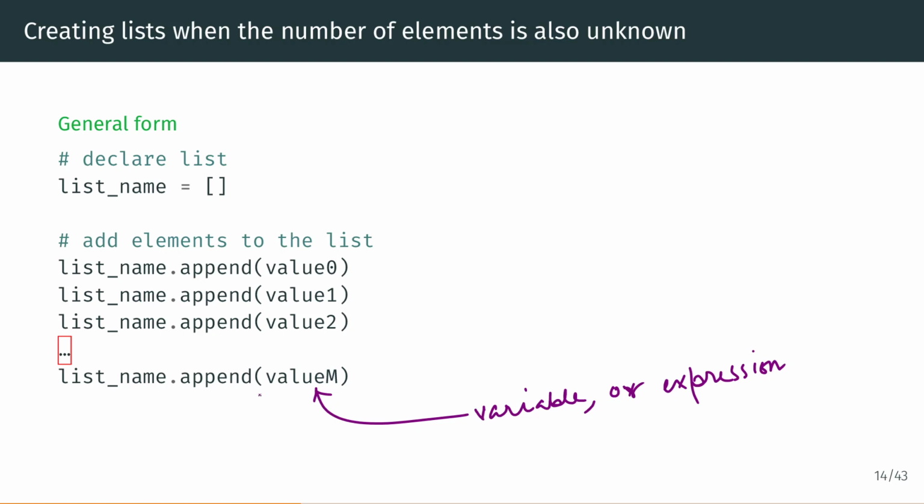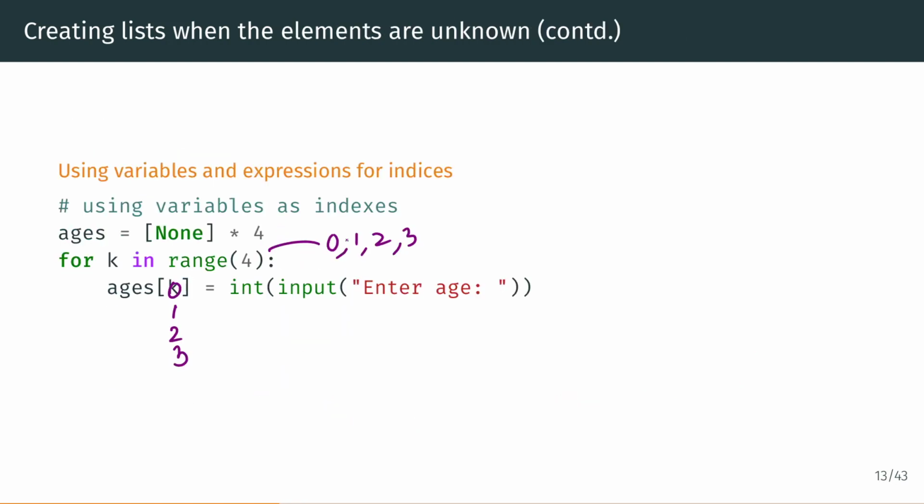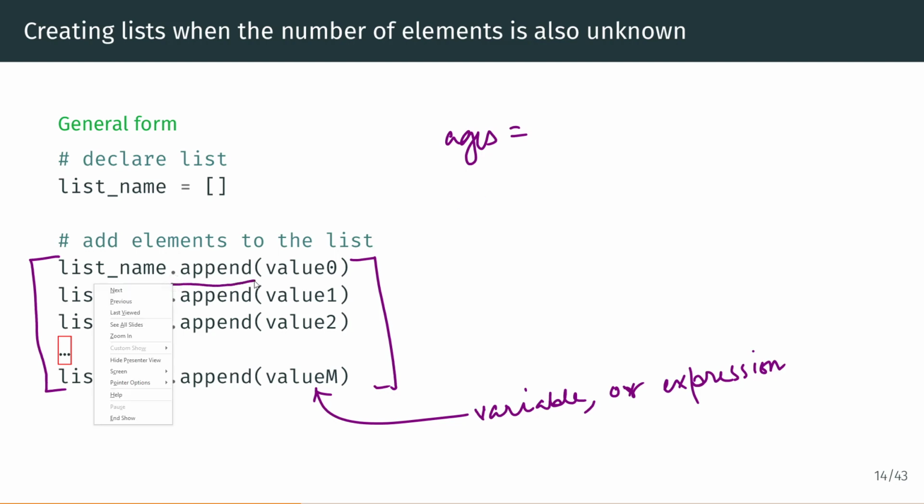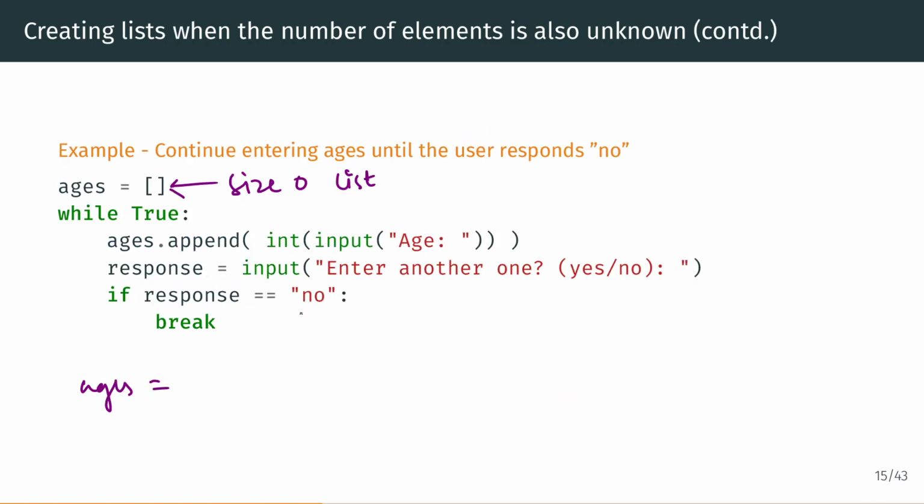That's what we are doing here. So we have an empty list called ages, completely empty, and then we use this format to keep on appending the values. We say ages dot append and then whatever the value is.